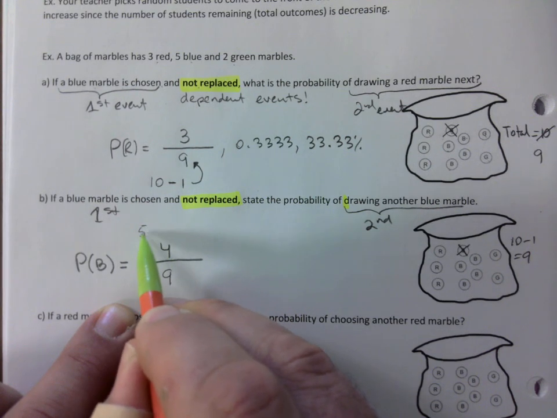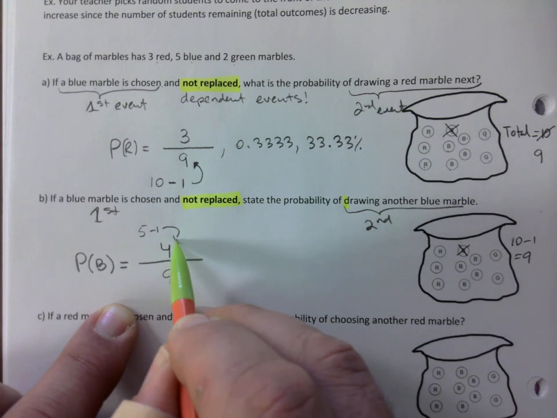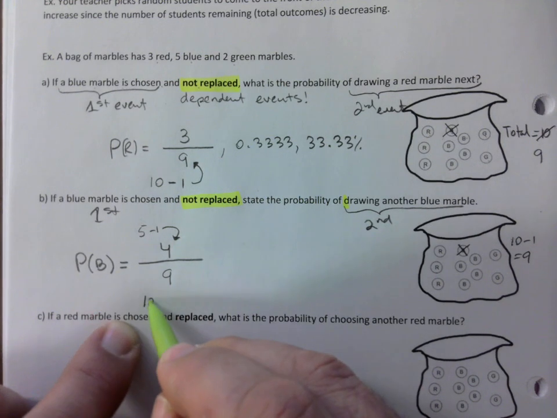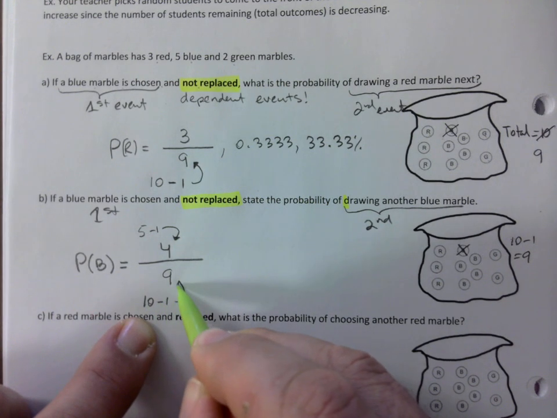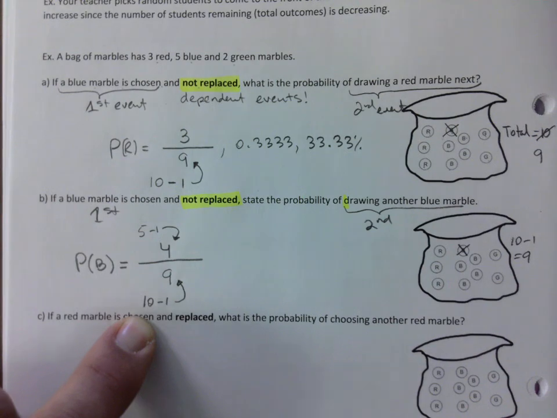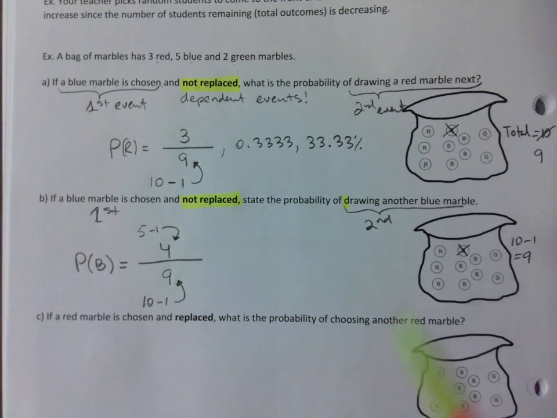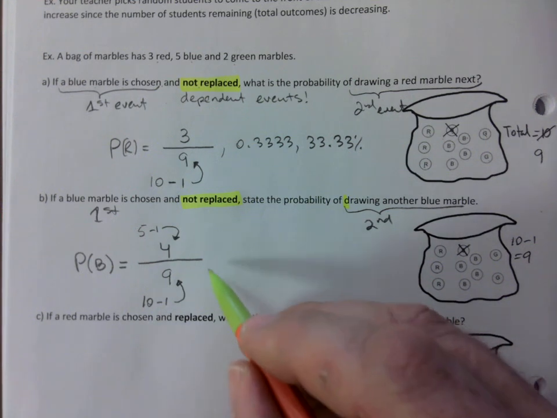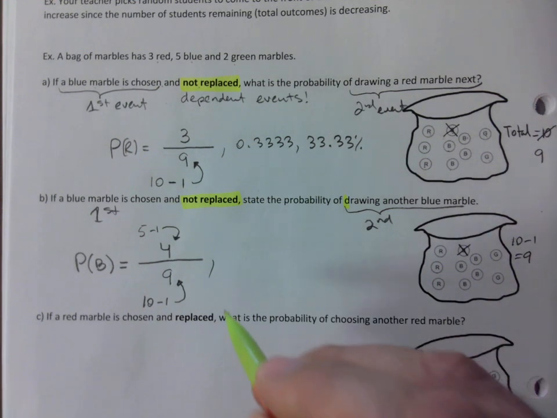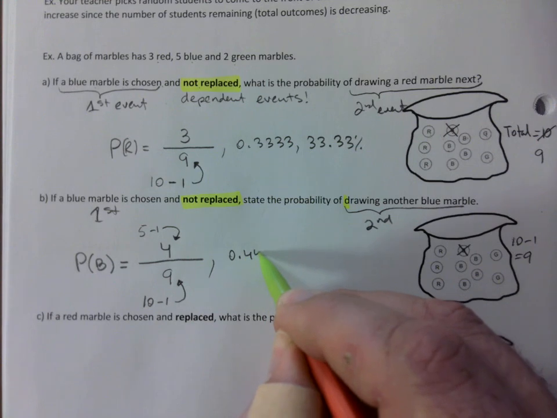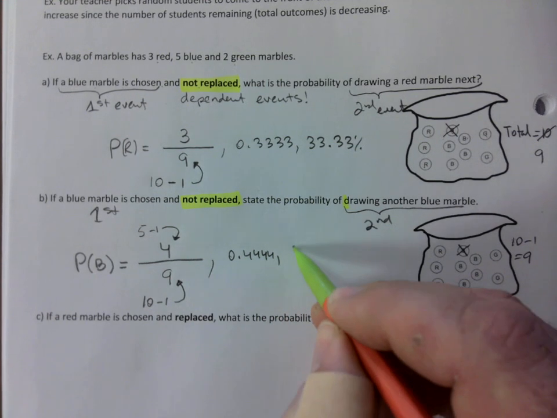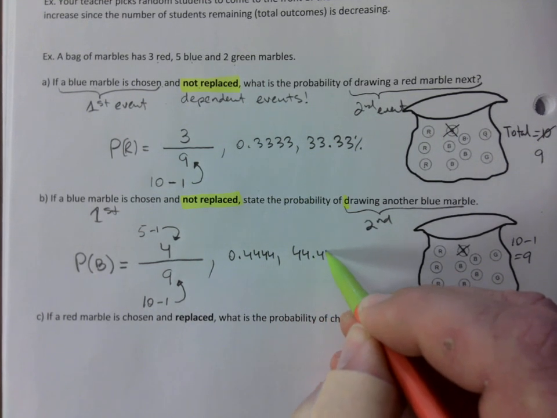So I'm going to go 5 minus 1 gave me the 4. 10 minus 1 gave me the 9. So 4 over 9 is the probability of drawing another blue one. Turn that into a decimal, that would be 0.4444, which is 44.44%.